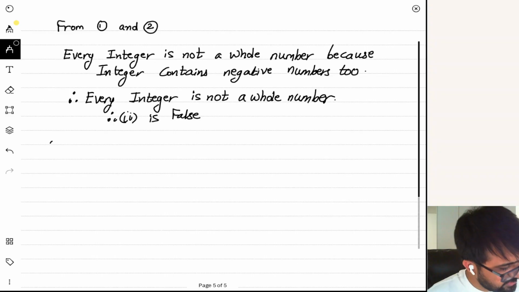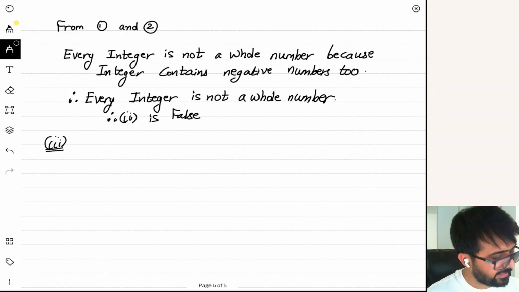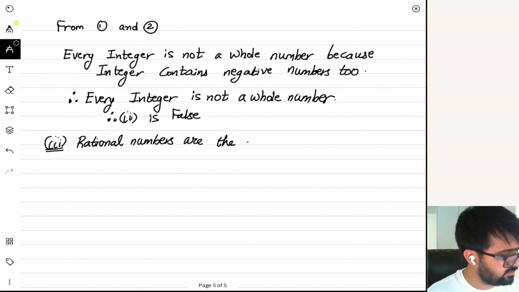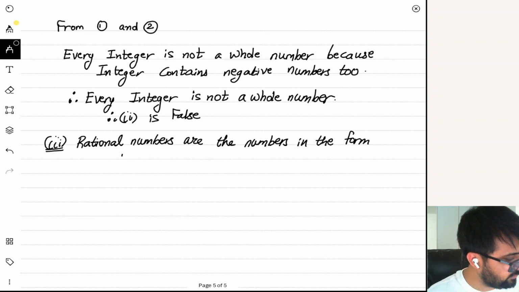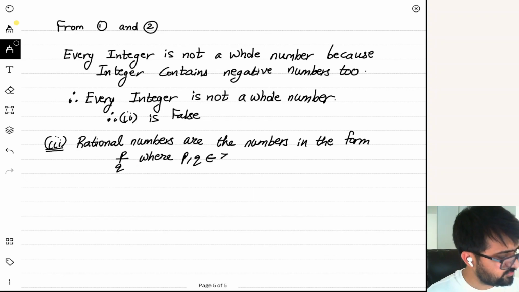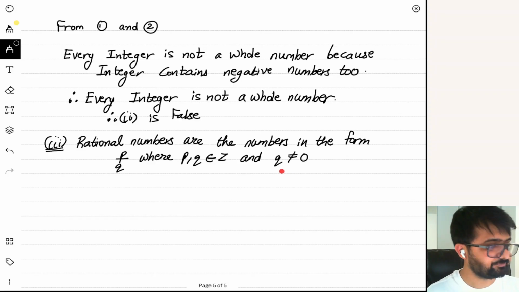So question number three: rational numbers are the numbers that can be written in the form P over Q, where P and Q belong to integers and Q is not equal to 0.